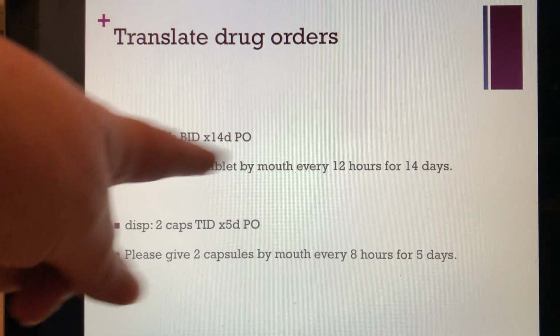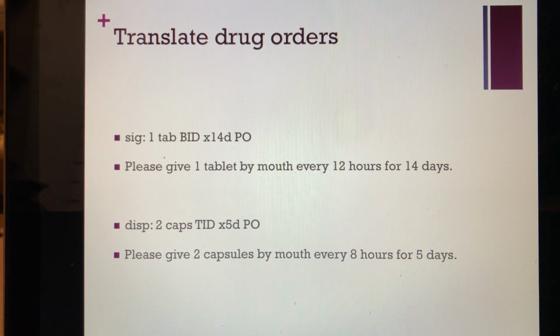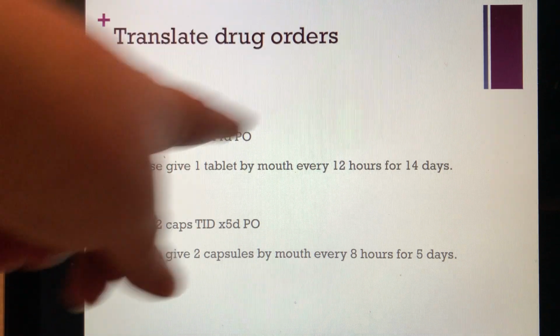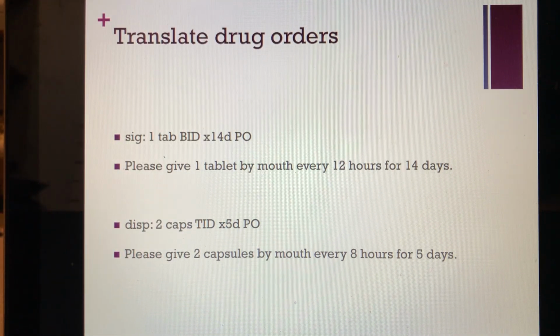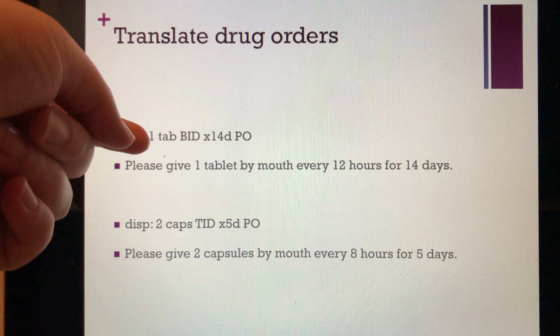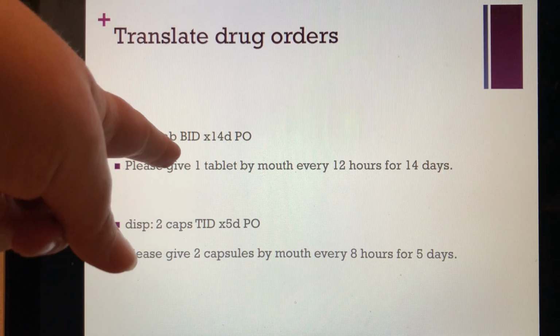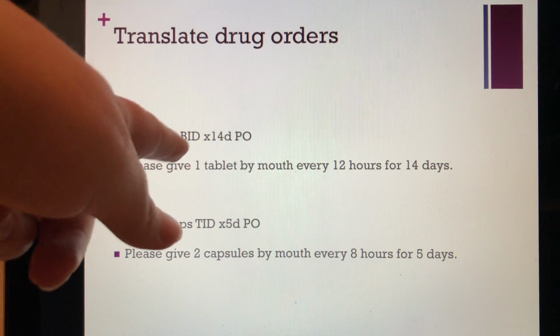I want to translate this into a sentence that makes sense for my owners, the clients taking the medication home. But what I can do is, as I go along, translate each thing above and then translate it into a sentence. So SIG just means this is what you're going to write on the prescription label. So you don't even really need to translate that word for me. 1 tab means 1 tablet.